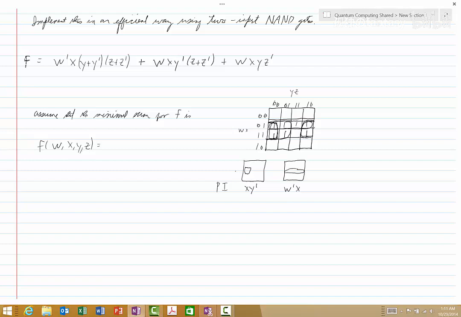It's just sort of automatic. Okay, so what about this last grouping of 4? That consists of these 2 and these 2. The name for that one will be xz prime.